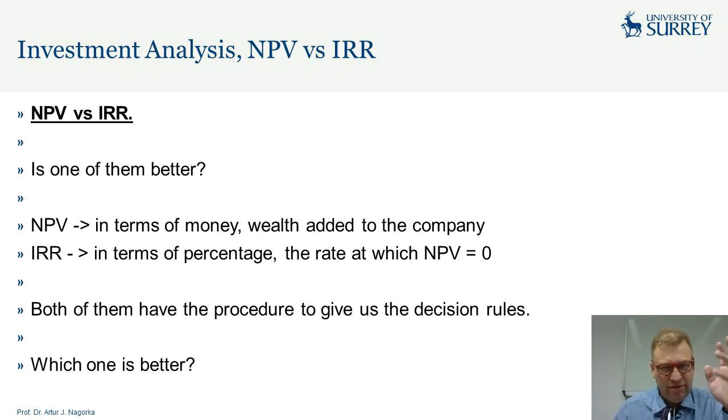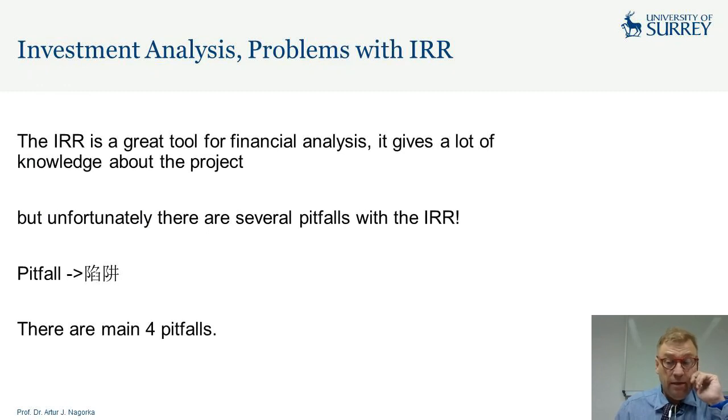We shouldn't say it like this, but it's like rentability of the project. Both of these procedures give us tools for decision rules. Which one is better? This is a great question, because it depends again on what we measure. We measure the amount of money, or we measure how rentable the project is.